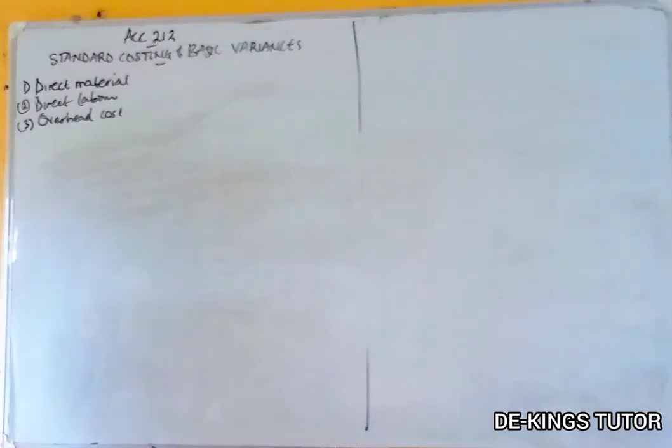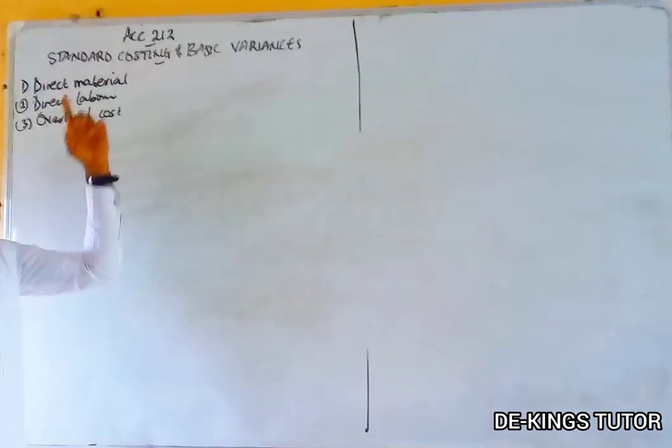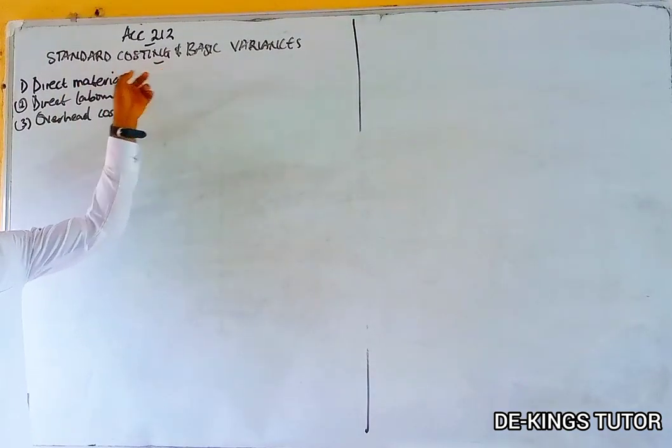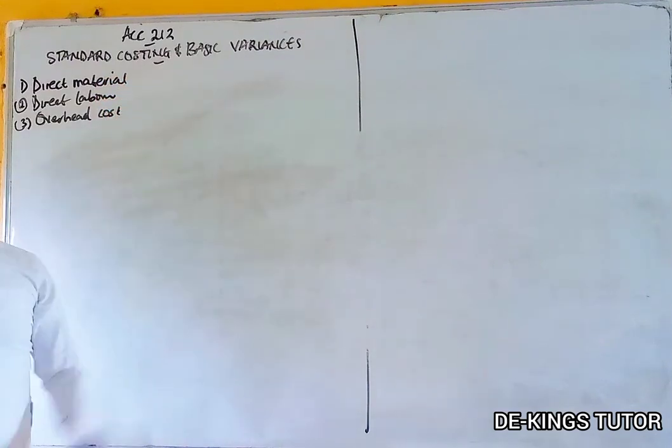Now please follow me. Now we are going to see them one after the other. Now we said the classification of these variances can be done on material, labor, and the overhead costs.